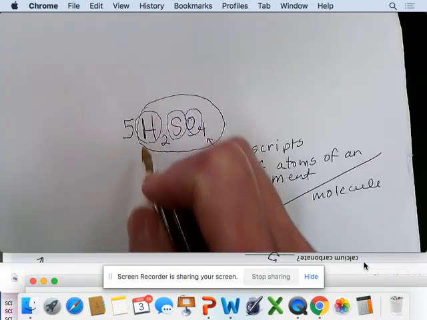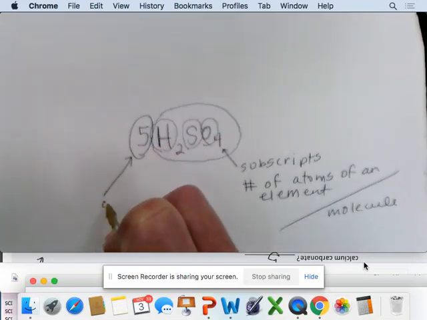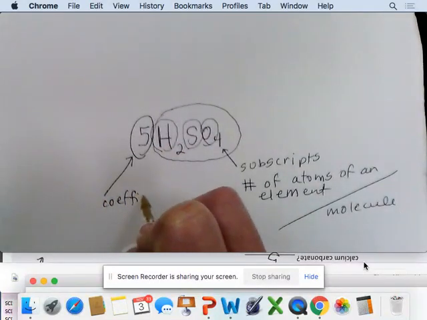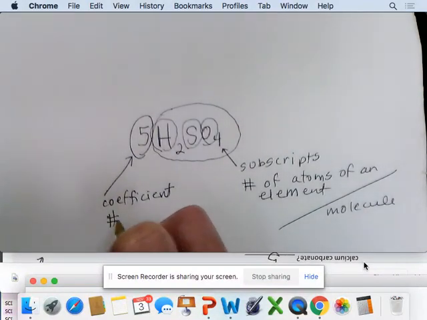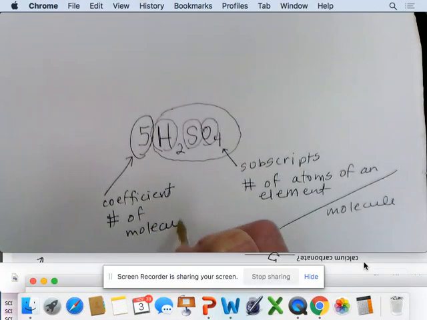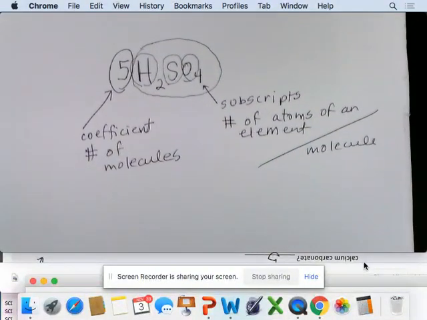Now, this large number in front, we call the coefficient. And that coefficient is going to tell us the number of molecules of a particular substance. So, number of molecules. So, what that means is we've got 5 molecules of sulfuric acid.